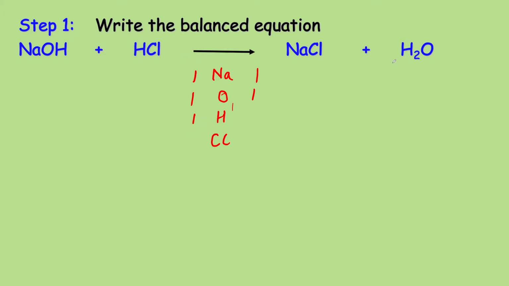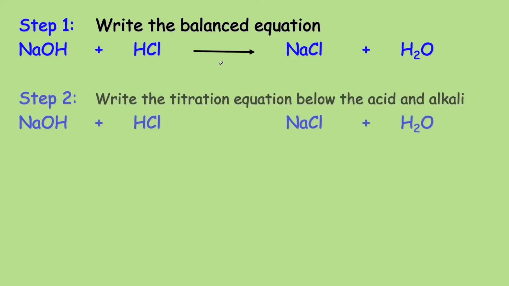We've got 1, 2 on that side, and we've got 2 on that side. We've got 1 and 1. So, lucky us, it's completely balanced, and we don't even need to do anything with that. So the first step is to write your balanced equation. Make sure you've got an equation, and make sure it's balanced.